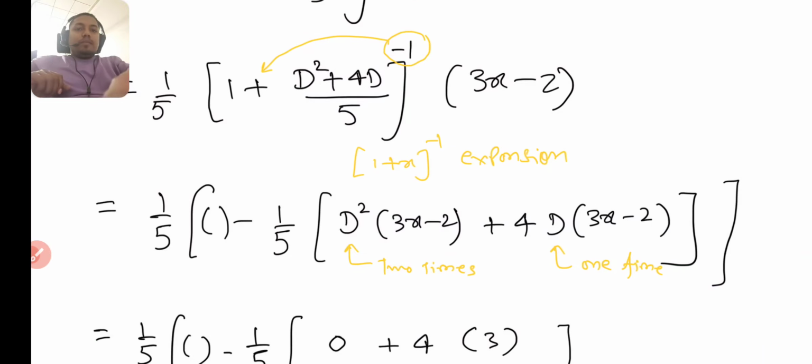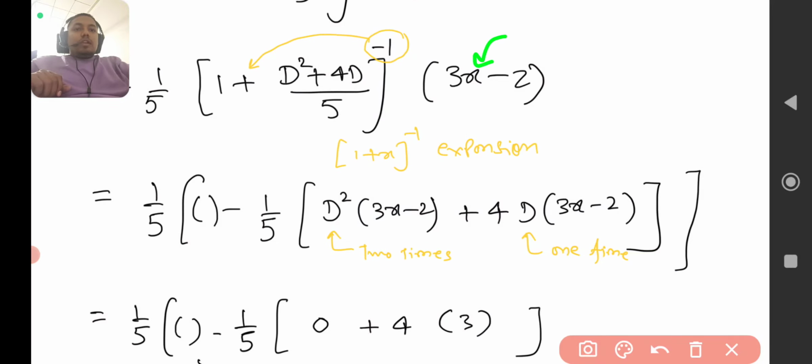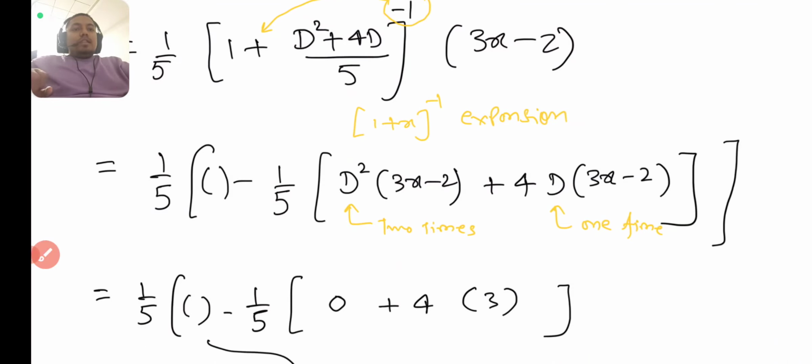Here you have x power 1, and here directly you have x. So no need to expand completely, only the first term and second term, meaning 1 minus this bracket itself is sufficient. When you expand (1 plus x) power minus 1, 1 minus x plus x square, you write the 1 minus x term, that's all.